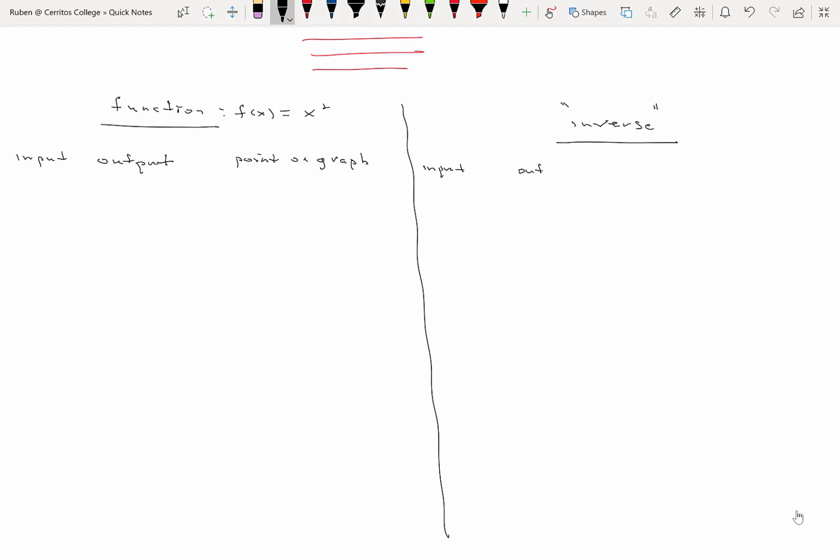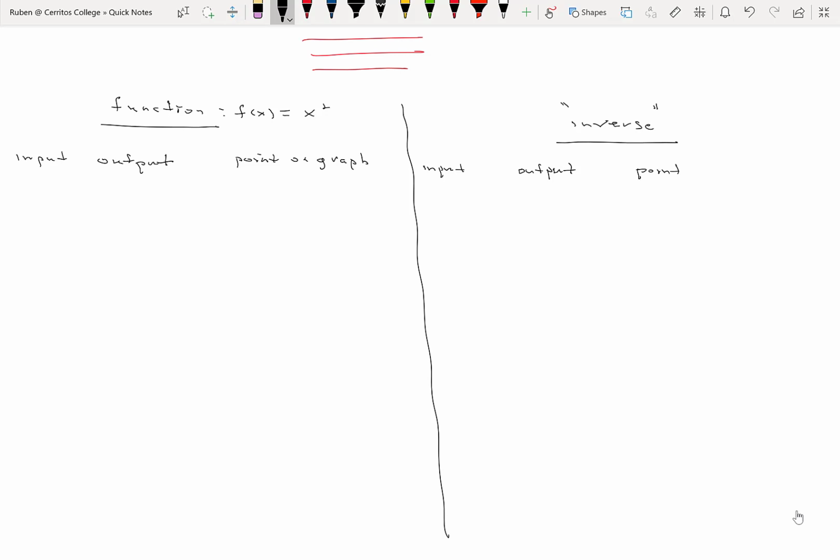output of the inverse. I guess I should learn how to spell the word output. Input. My undo button is very slow. Output.